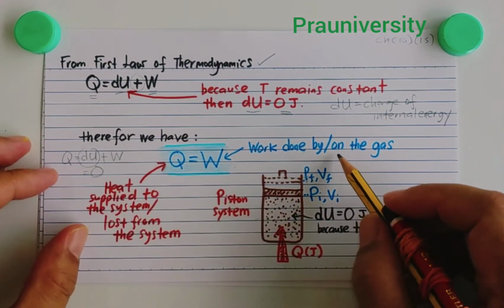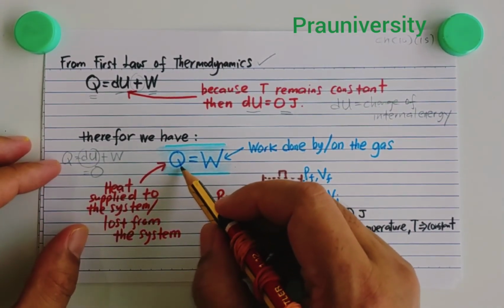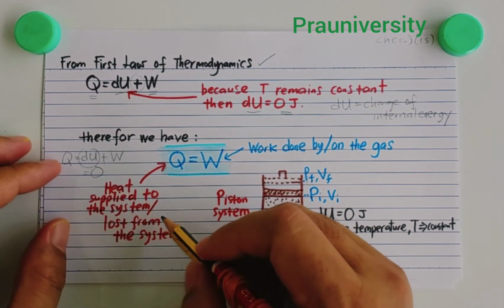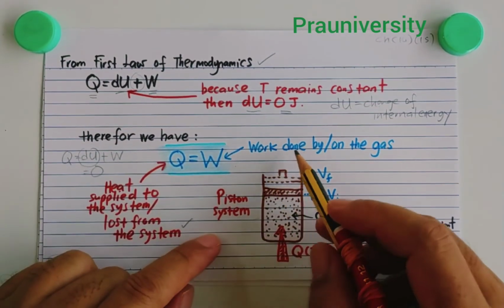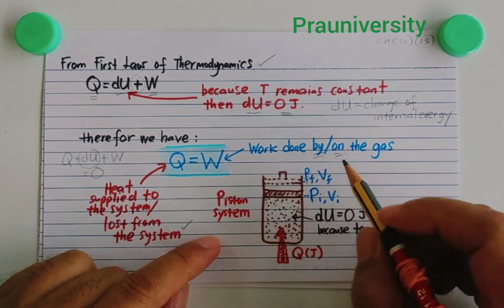So from this equation, Q equals delta U plus W, which is equal to W. So the heat is equal to the work done. That means the heat supplied to the system or lost from the system is fully given to the gas to do work, by or on the gas.